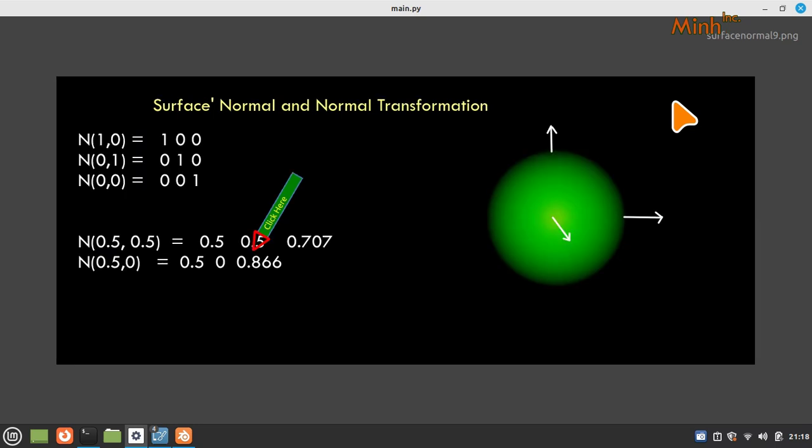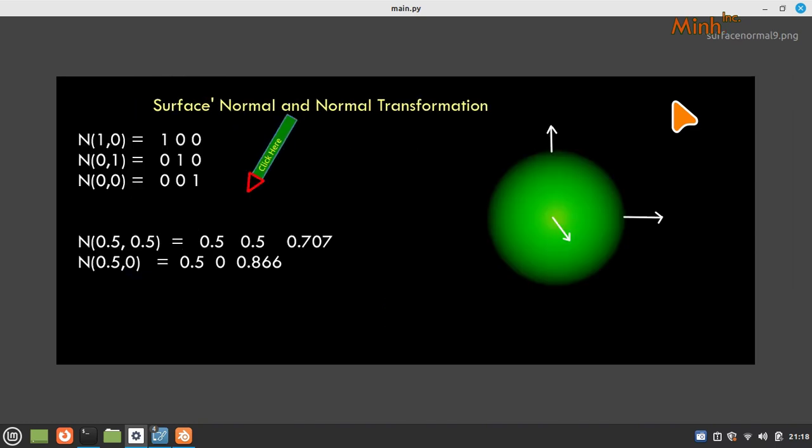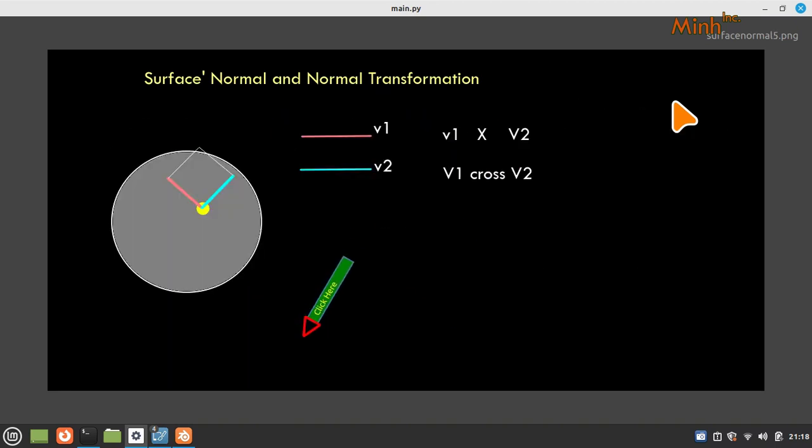Okay, now we finish this, and we'll see the implicit surface definition. If this is the surface, I mean a sphere, then the implicit surface definition leads to f(x,y,z) equal to 0.